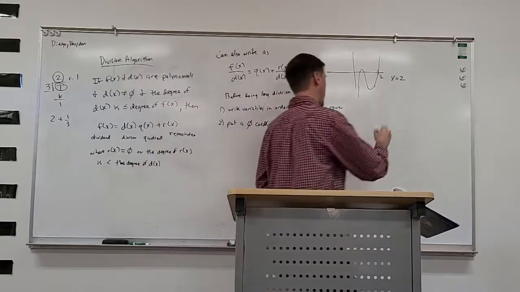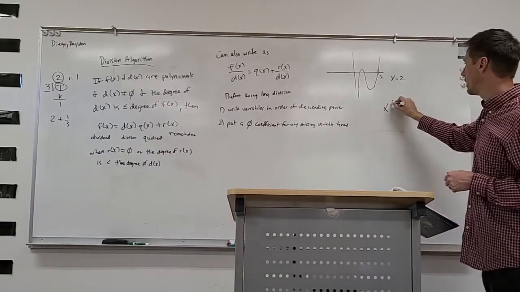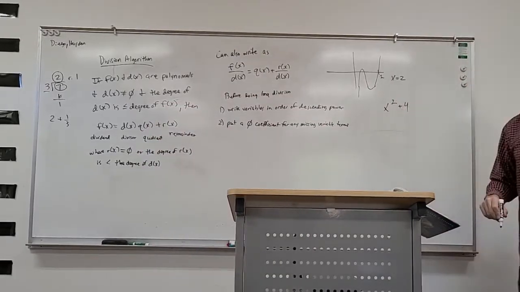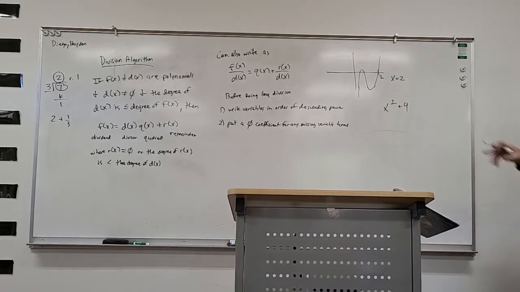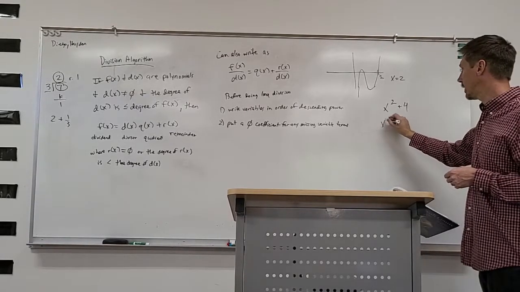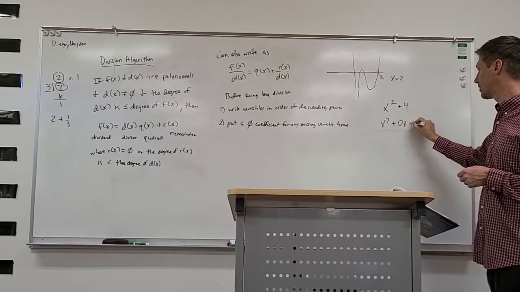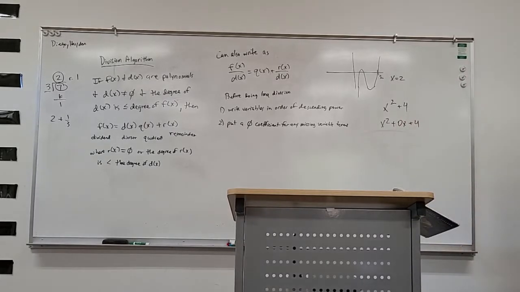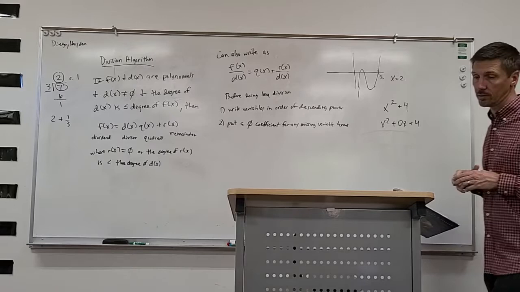What do I mean by that? I mean if one of my polynomials is this, like if I'm dividing into this, then change that to x squared plus 0x plus 4. Right? Before you do the long division.